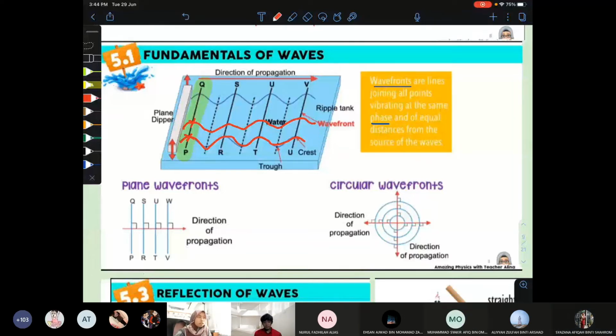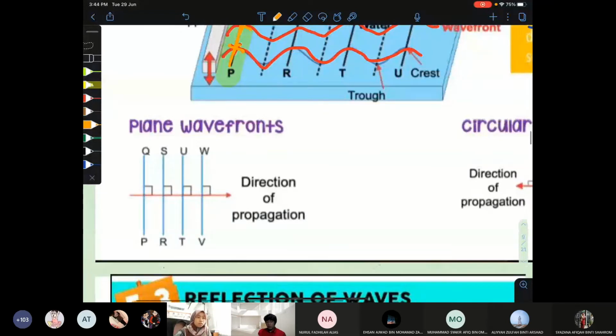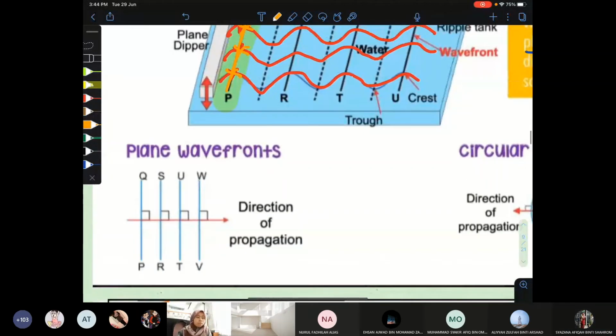And the other one that you need to understand: when you are asked to draw the wavefronts, you must make sure the wavefront is perpendicular to the red one.